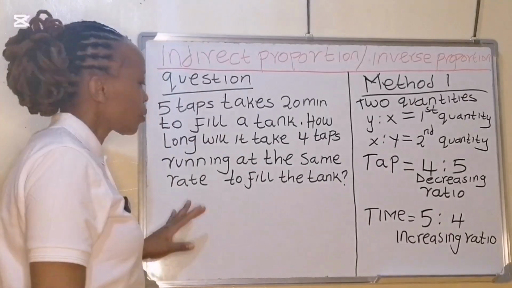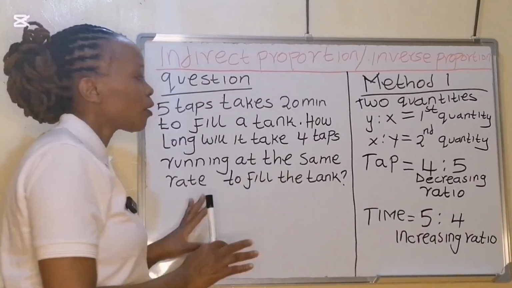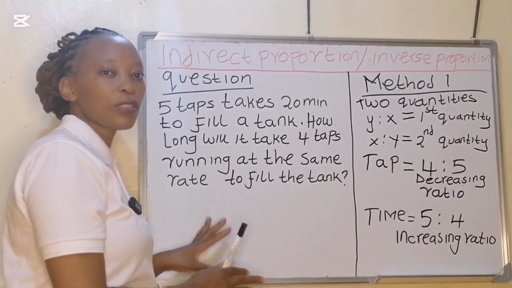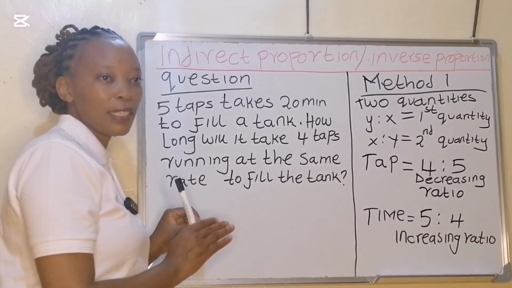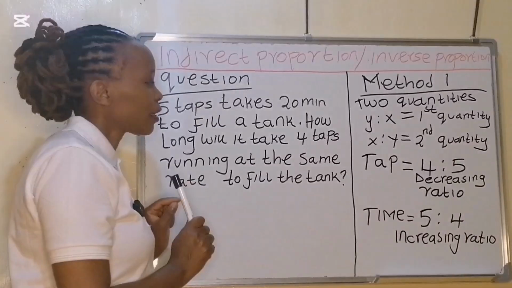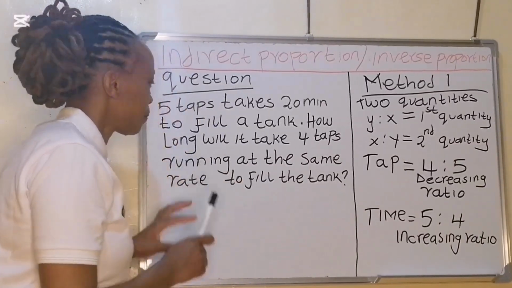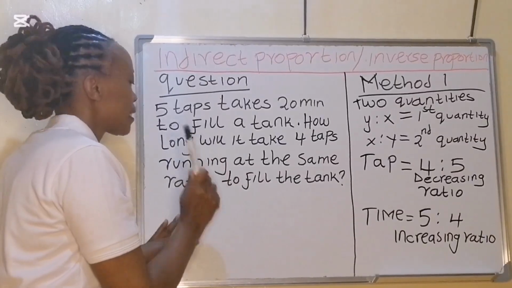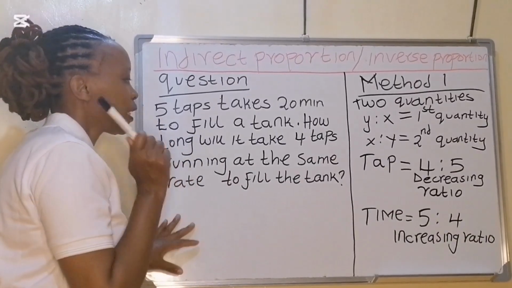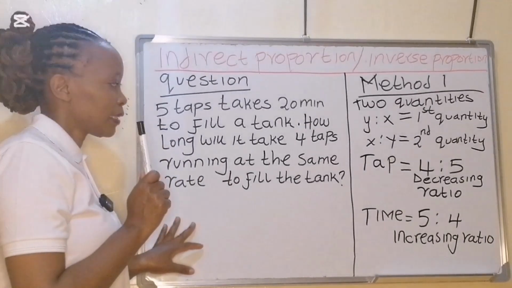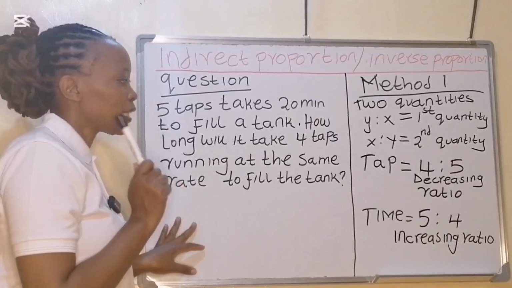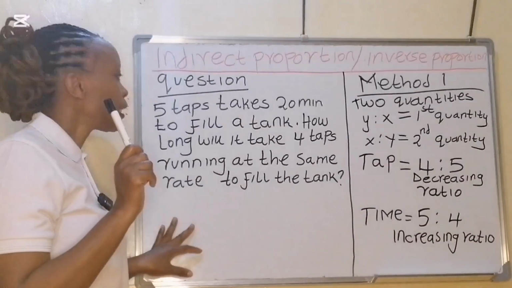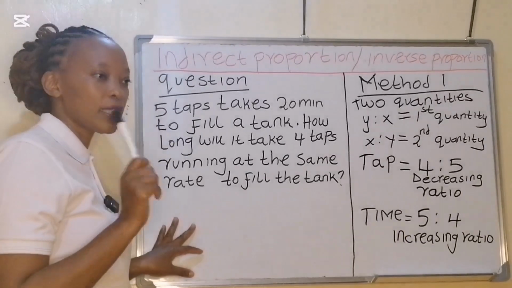When you have done up to that point, the question is almost complete. Now we are left to do the answer. How long will it take 4 taps running at the same rate to fill the tank, if 5 taps take 20 minutes to fill the tank?